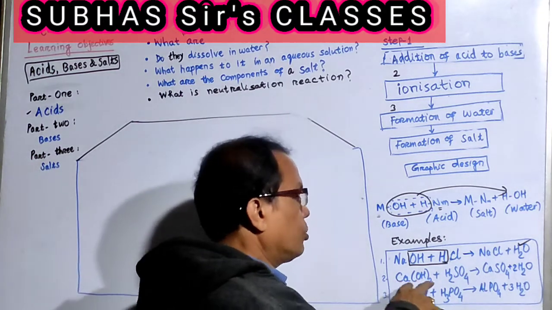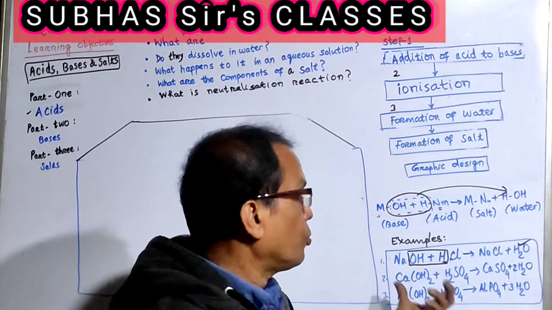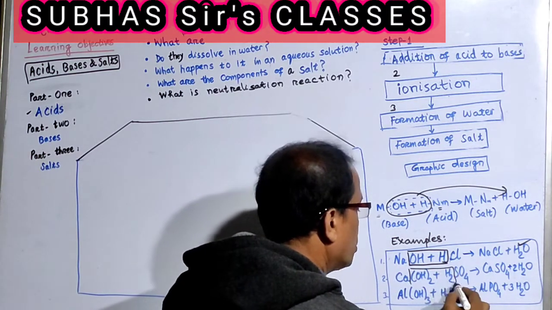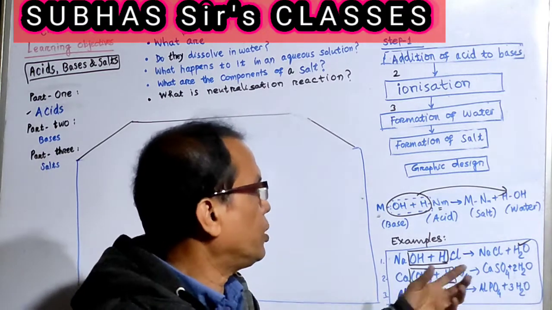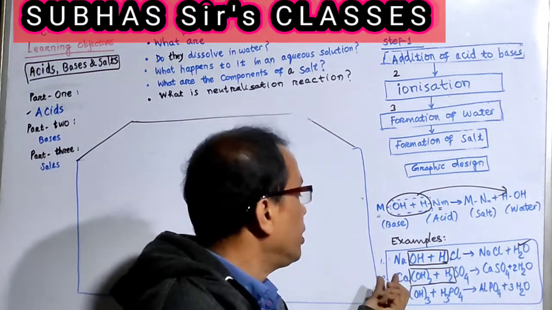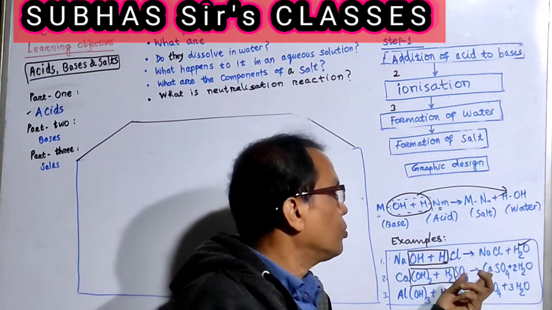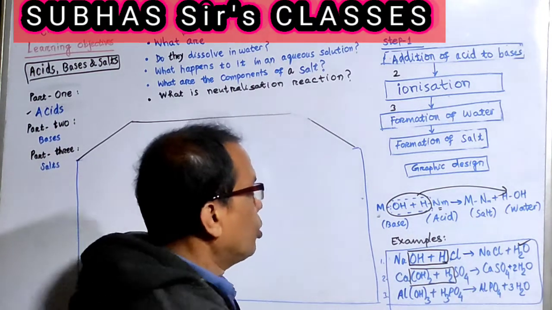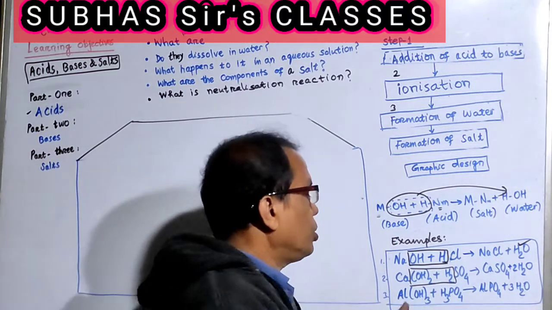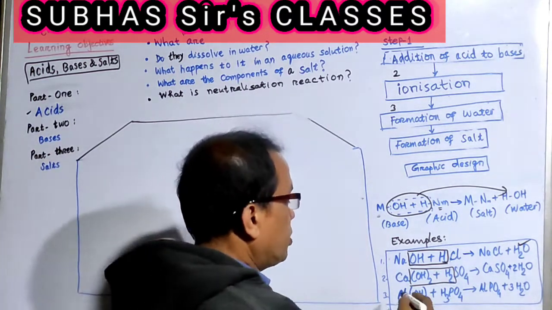If you add calcium hydroxide and sulphuric acid, then also the same thing occurs. Two hydroxyl ions and two H+ ions combine to form two molecules of H2O, two molecules of water, and the remaining metal ion and non-metallic ion form calcium sulphate. Similarly, when aluminum hydroxide is made to combine with phosphoric acid, same thing happens.